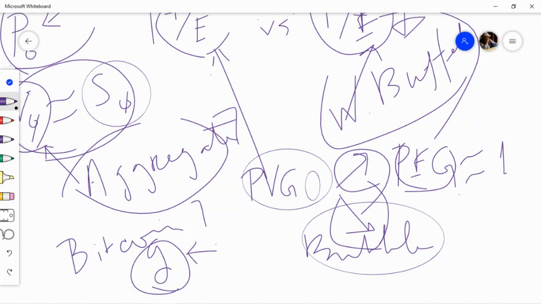There can be capital gains, capital loss in Bitcoin. Maybe you can think of capital gains as earnings, but that's not really earnings. It's just capital gains.